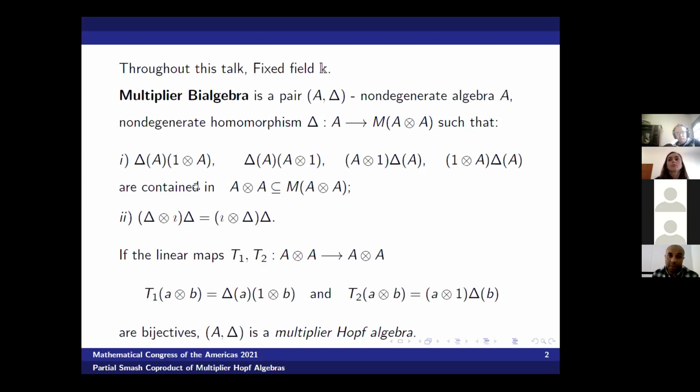It is possible because we have a nondegenerate homomorphism here. All the time that we have this assumption, we can extend the maps that we are dealing with. And if these linear maps are bijective, then we have a multiplier Hopf algebra.